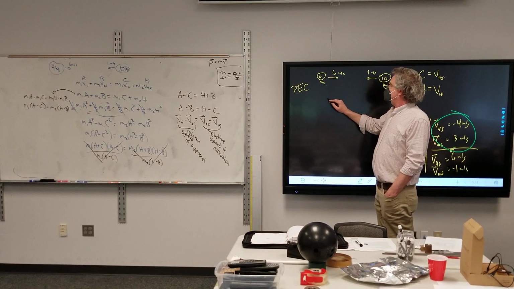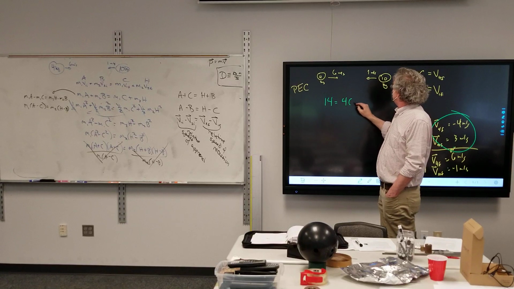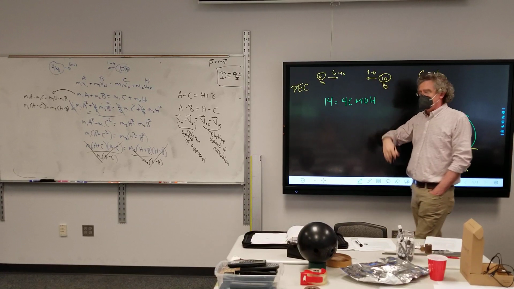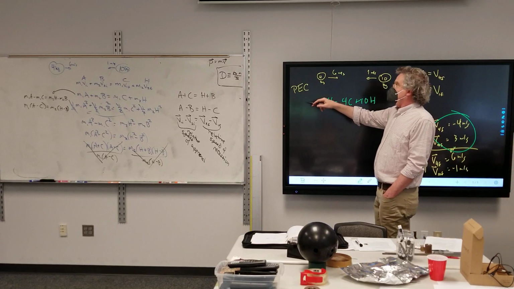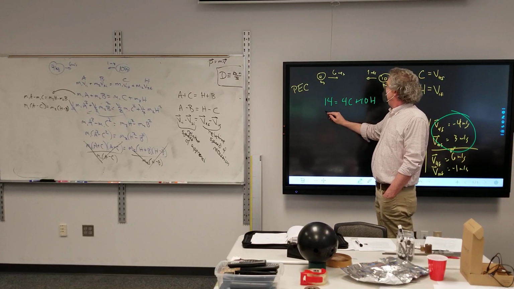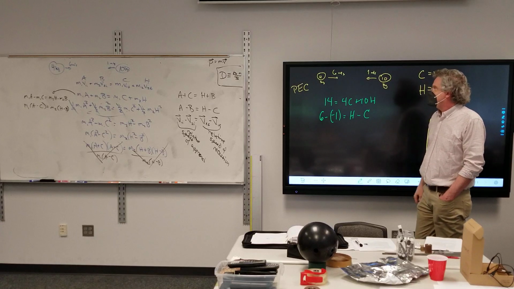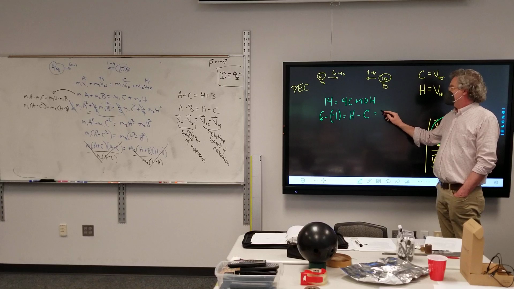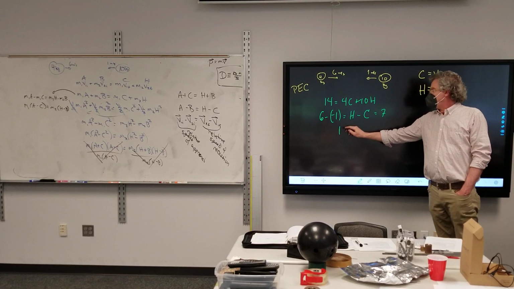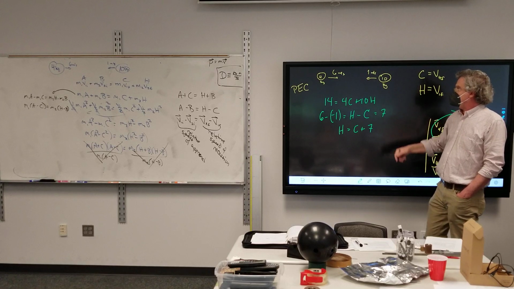So solving the exact same problem, we have 14 is equal to 4c plus 10h. That still holds, still have to use that. We still have two unknowns, two equations. And then over here, based on that, we have 6 minus -1 is equal to h minus c, which is 7. So h is equal to c plus 7. Plug that into here.